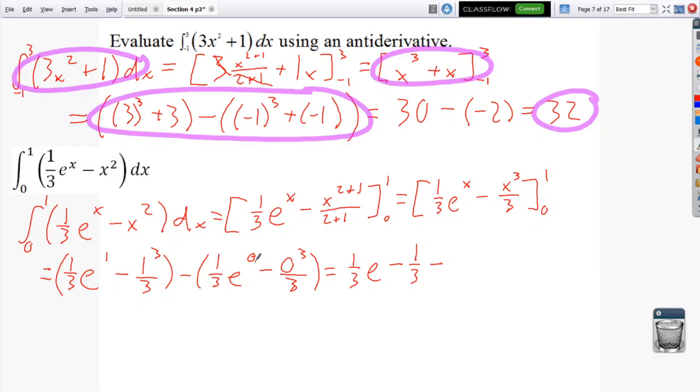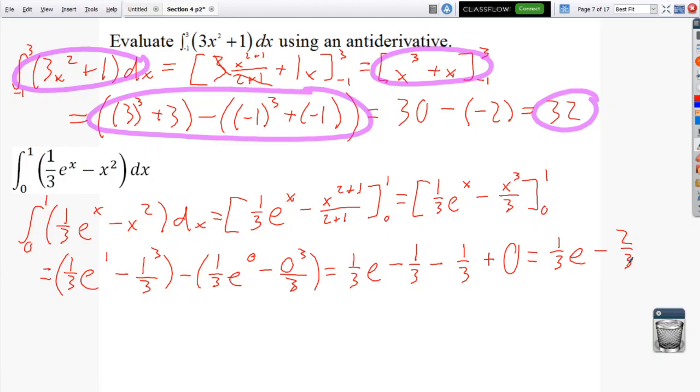I happen to know anything to the 0th power is 1, so I've got minus 1/3. Distribute this in here, so this becomes a plus. 0 cubed is 0, divided by 3 is 0. Alright, cool. I would be alright with you leaving it here, however, it just doesn't look right. 1/3 e minus 2/3 would be my final answer here.